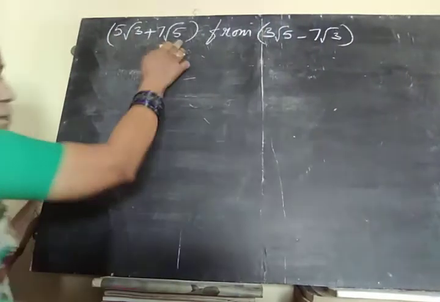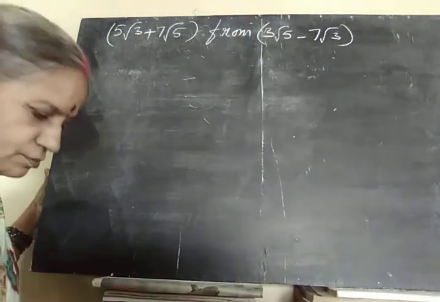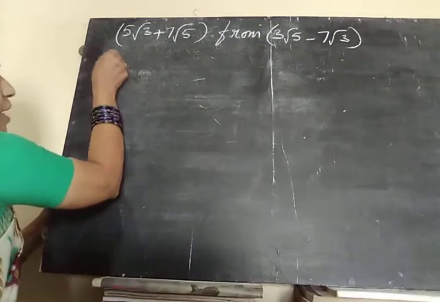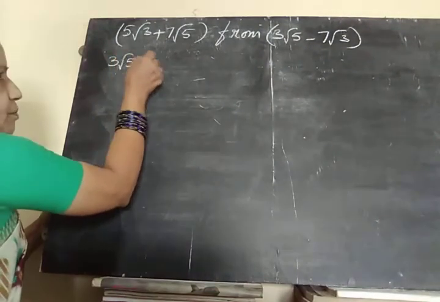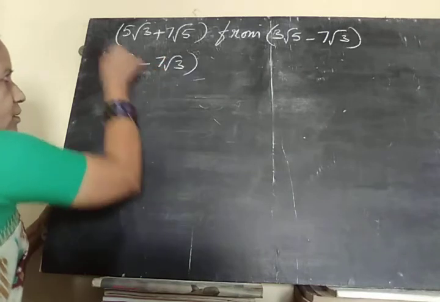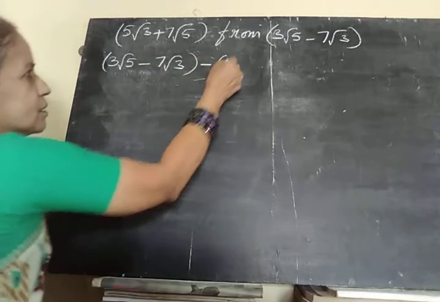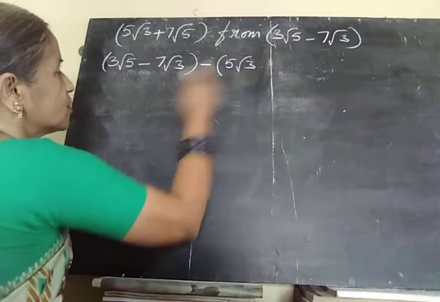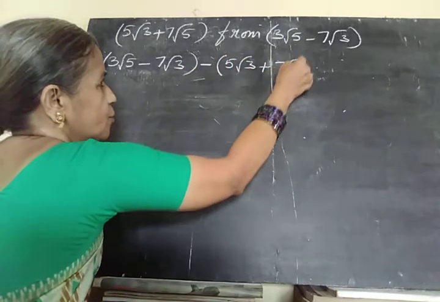From this you have to subtract this one. So first you have to write 3 root 5 minus 7 root 3 minus of 5 root 3 plus 7 root 5.